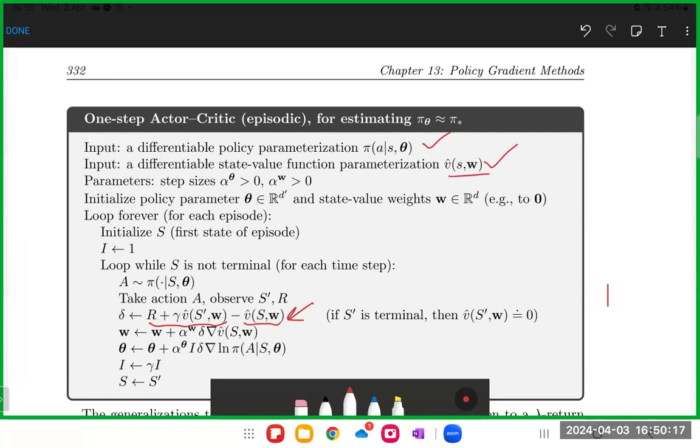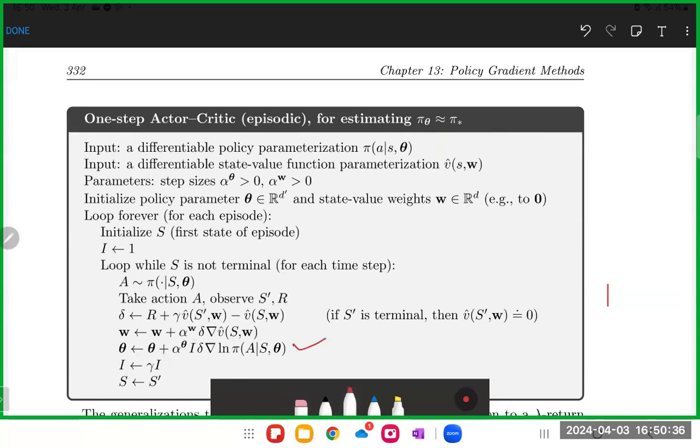And based on whatever experience they're learning, they're doing two things. One is, as I said, a policy update, which you have seen. The policy update is what?